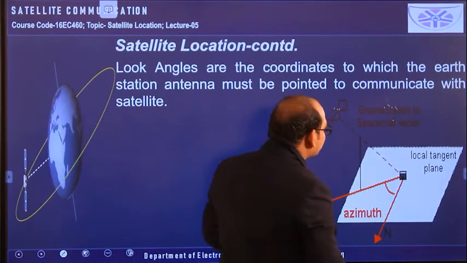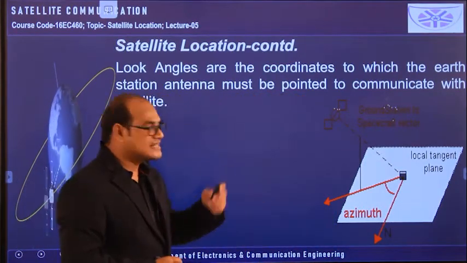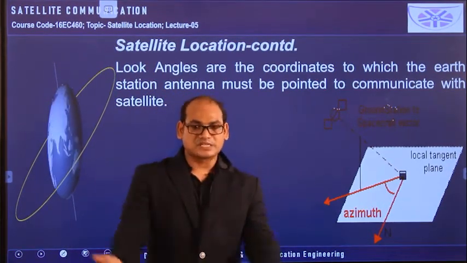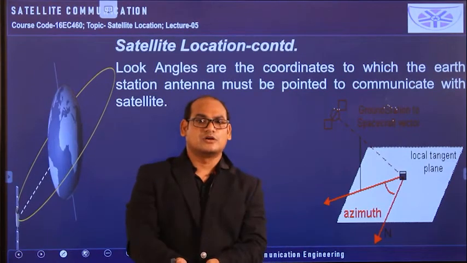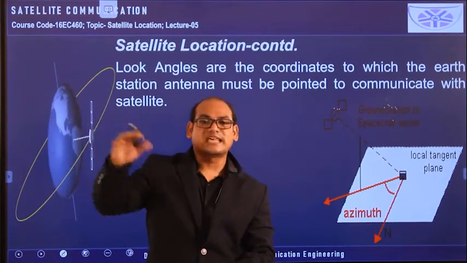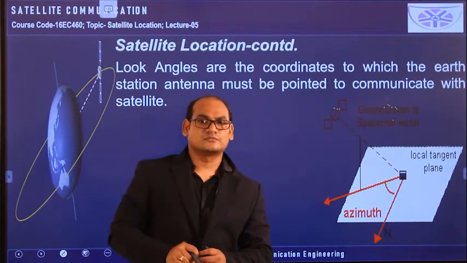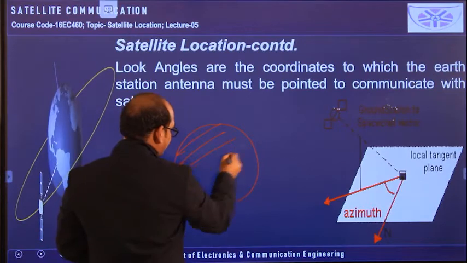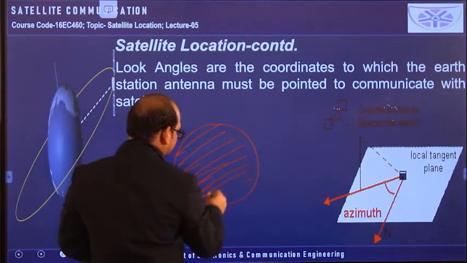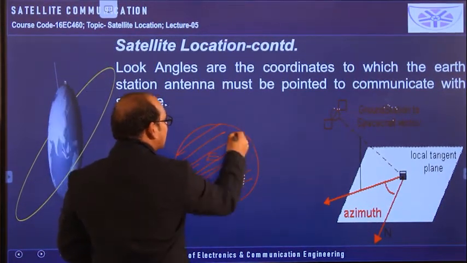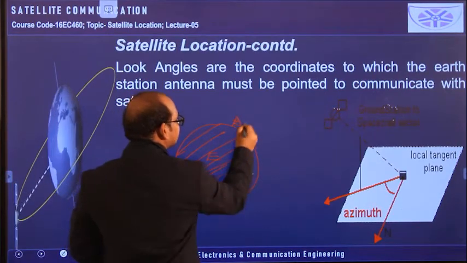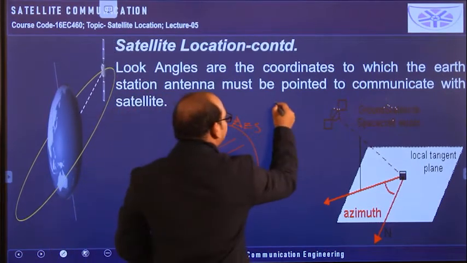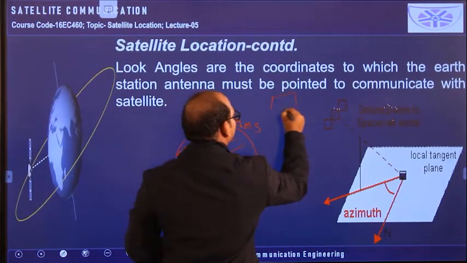So how to take the look angles? Before going to understand this, you assume one sphere is there, that means the earth is there actually. So you assume here one sphere or the earth is available. Okay, in space, above the earth, the satellite is available. If you assume this is the earth, on this earth somewhere here the earth station is there, and here for example the satellite is available.